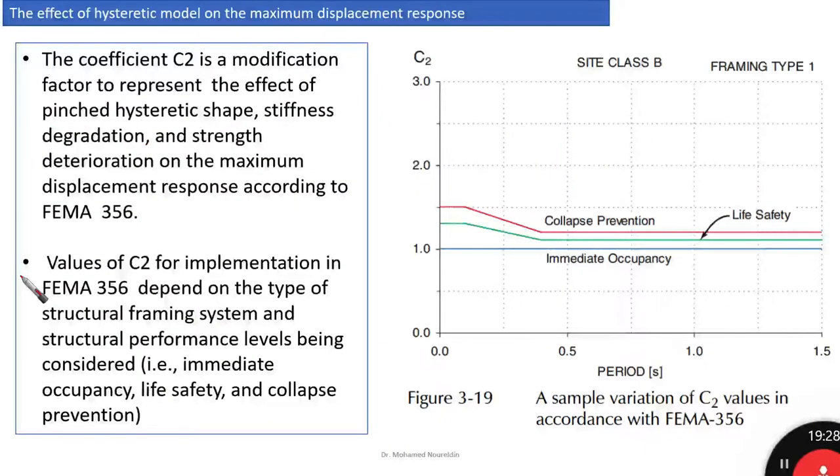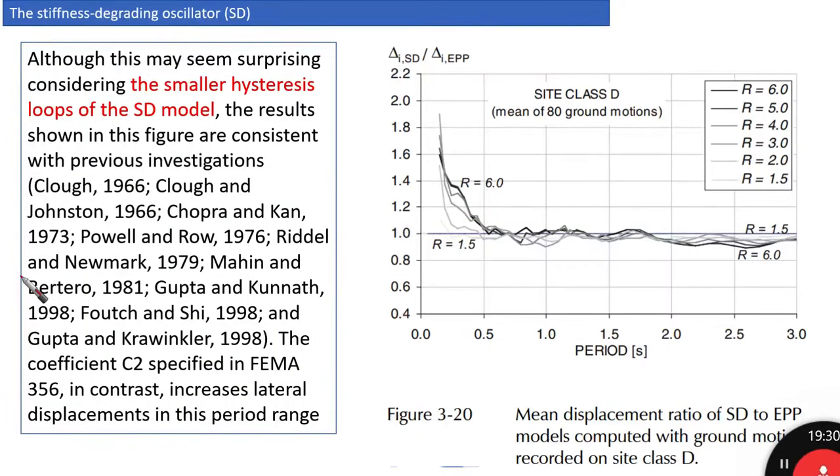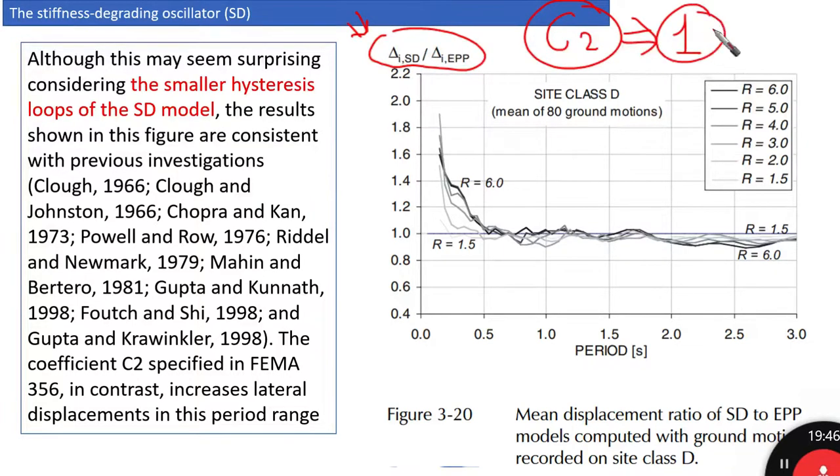Okay, so this is what I want to highlight regarding this video, and I hope that this helps us in modeling our single degree of freedom system, and also in understanding the point regarding FEMA 356. Using C2, you are going to find C2 for many cases equals 1. So we can now understand the meaning, rationale and background of using C2 equal to 1.